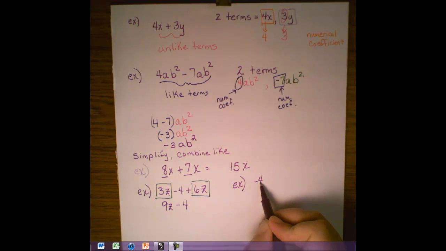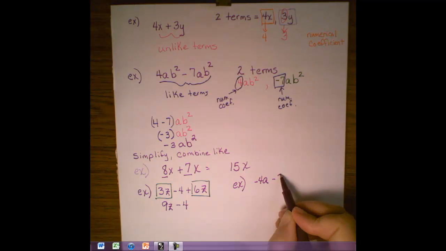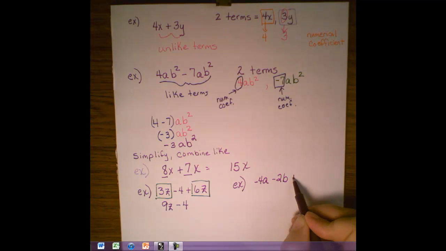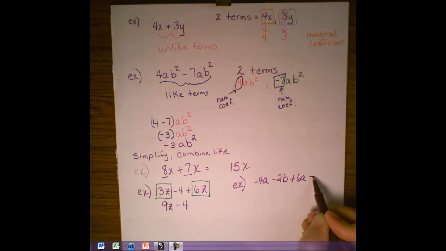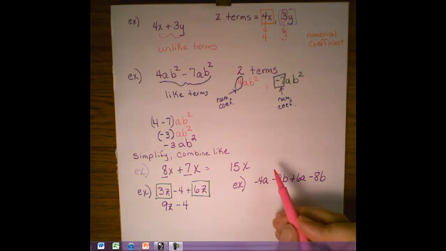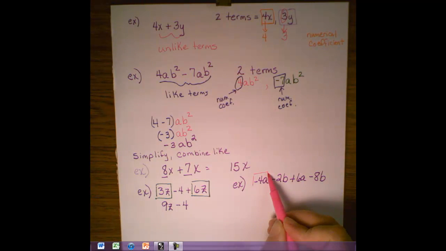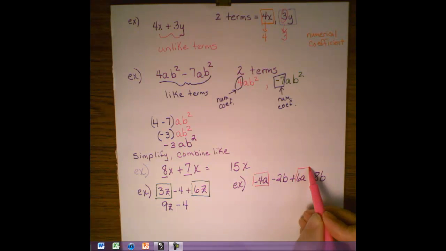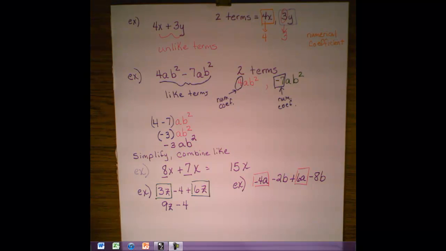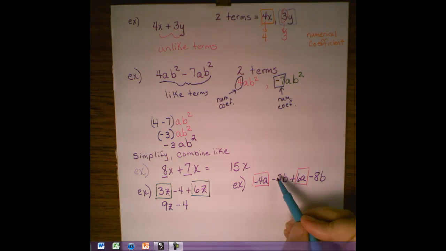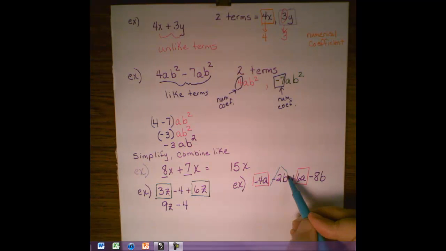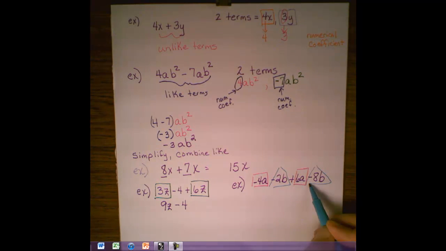Okay, let's look at our next example. We have negative 4a minus 2b plus 6a minus 8b. And again, what you want to do is add those things that are alike. The a and the a are like terms. And then I also have the negative 2b and the negative 8b, and we'll put triangles around those.